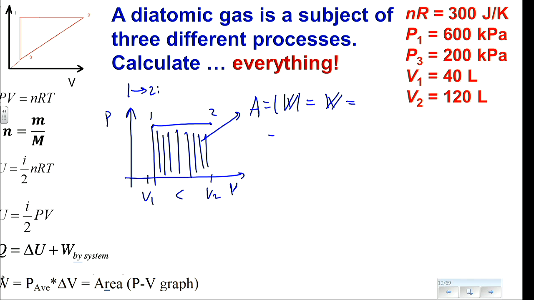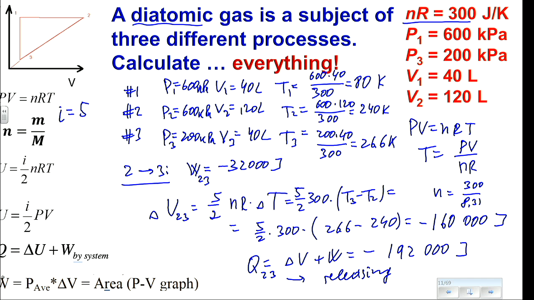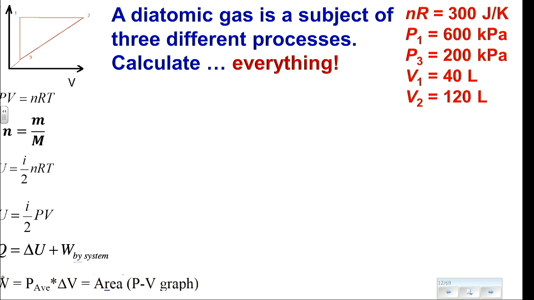And for this situation, we don't need to calculate any new values for pressure, volume, or temperature. We use the same. It's just the process that's different. States are the same: state number 1, state number 2, state number 3. But if it's a different process, we have to repeat the calculation using the same equations with different values related to different states.